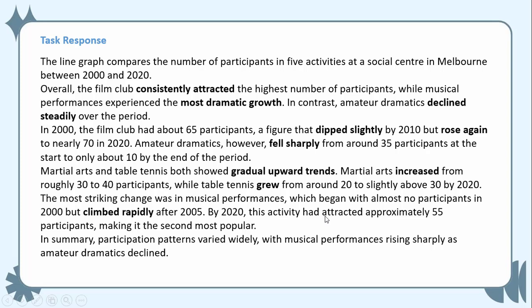By 2020, this activity had attracted approximately 55 participants, making it the second most popular. In summary, participation patterns varied widely, with musical performances rising sharply as amateur dramatics declined.